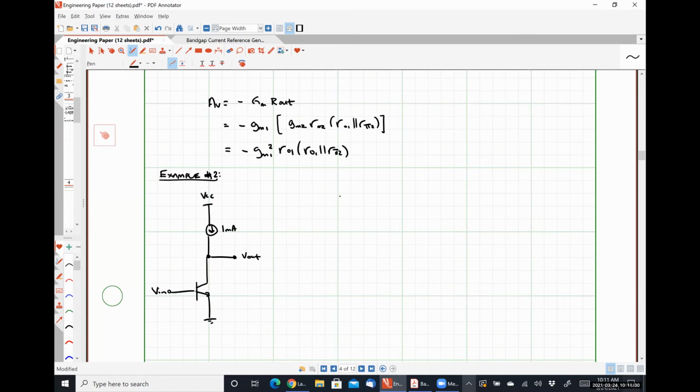And then our second guy is the cascode, because it's a BJT. VB2, VN.